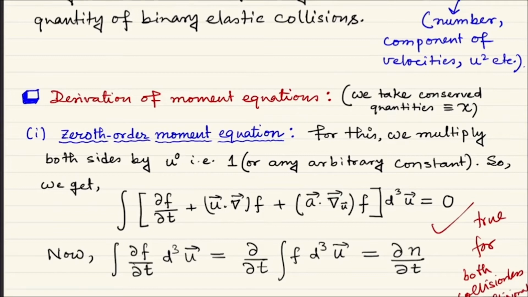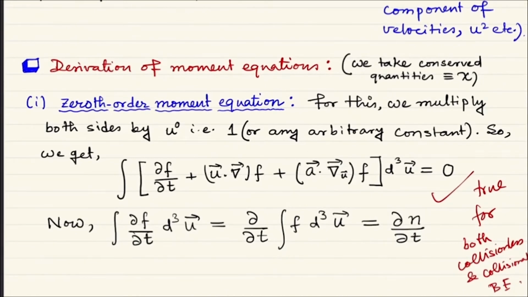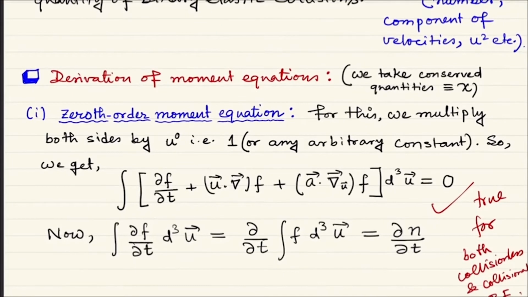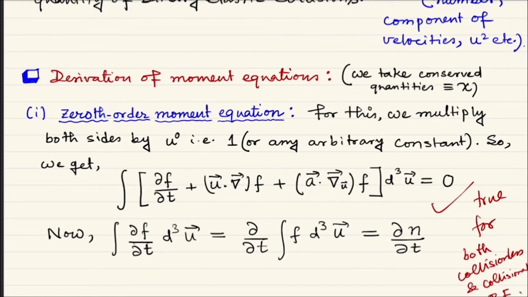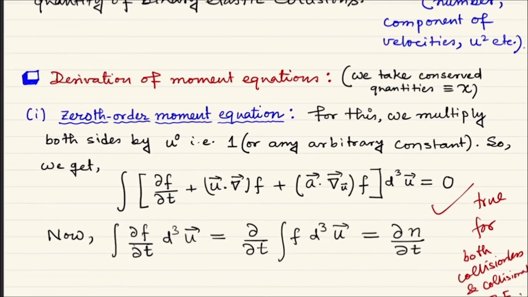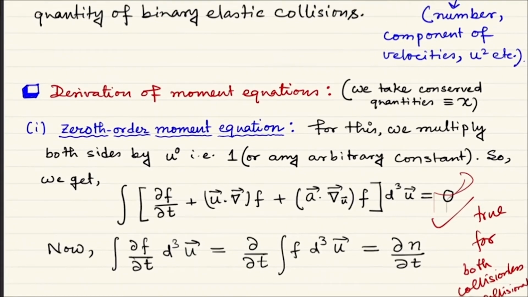That is something you have to realize. Here we integrate everything in U space, and irrespective of whether it is the collisional or collisionless Boltzmann equation, the right hand side will be 0.